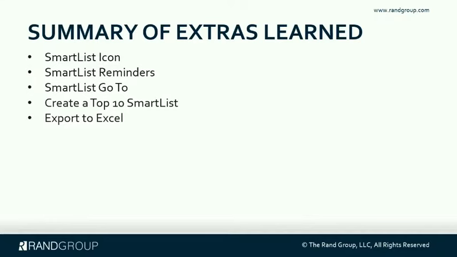However, now there's a go-to button where you can select multiple windows to view different information. Second to last, we learned how to create a top 10 SmartList using the maximum records of 10 and by selecting an order by. And very important, lastly, we learned how to export to Excel. Any SmartList or favorite can be exported to an Excel spreadsheet.